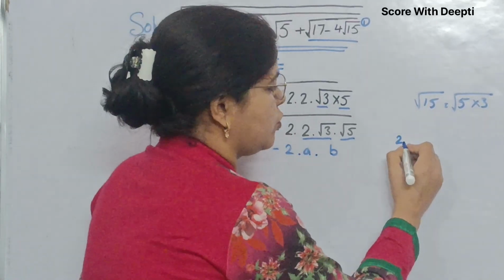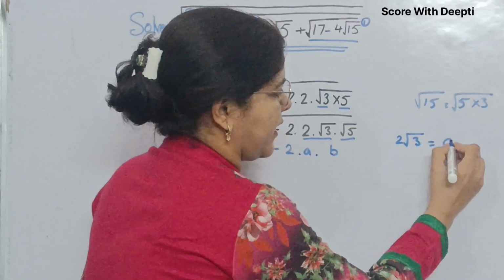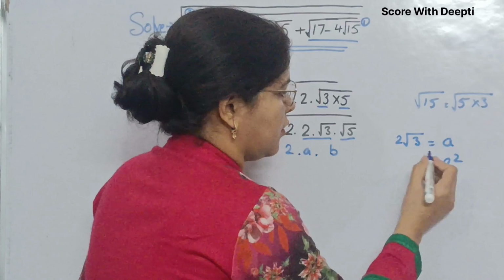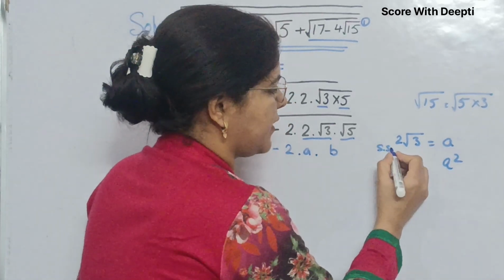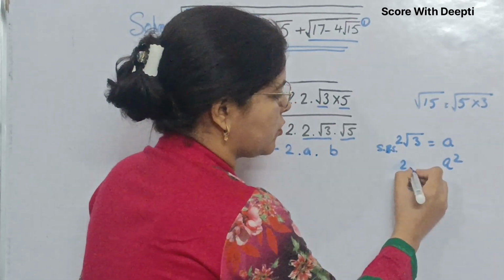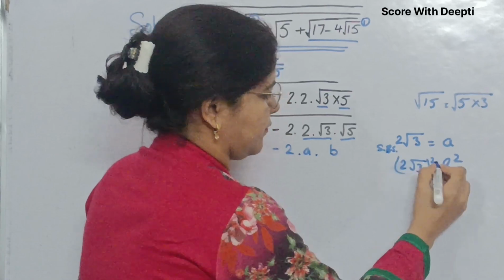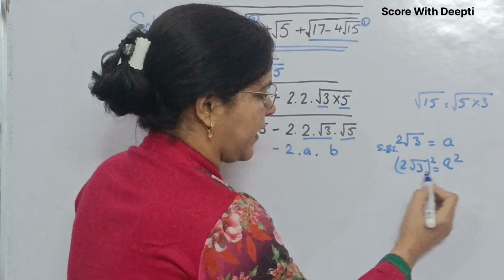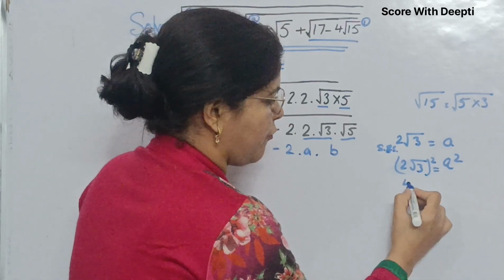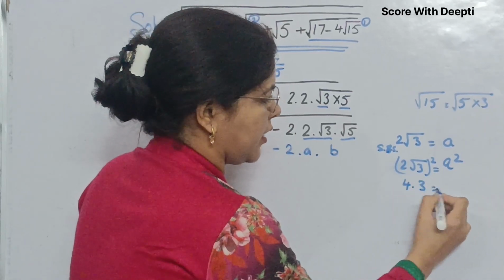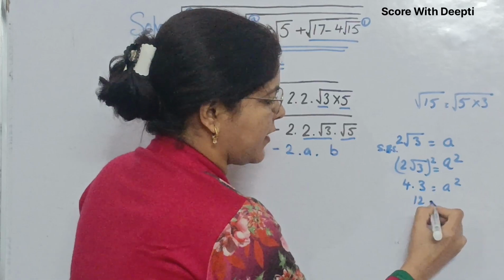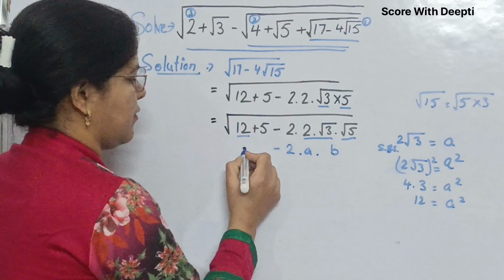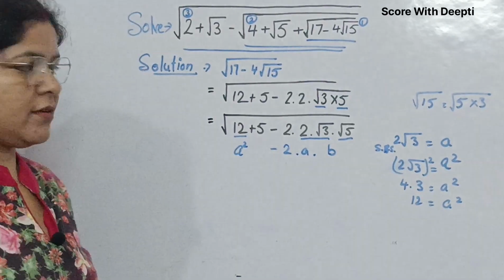We take a as 2 square root 3, and taking square on both sides we get 2 square root 3 whole square. If we solve this, we get 4 into 3, which is 12, equal to a square. So 12 is a square.